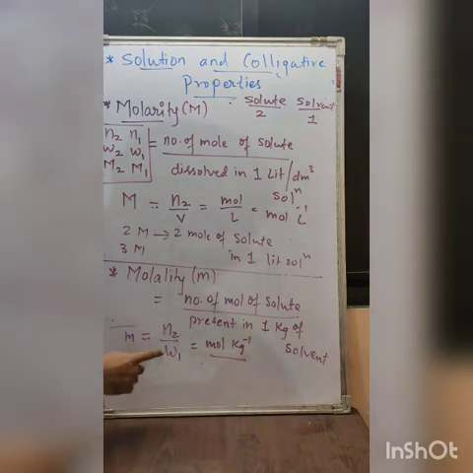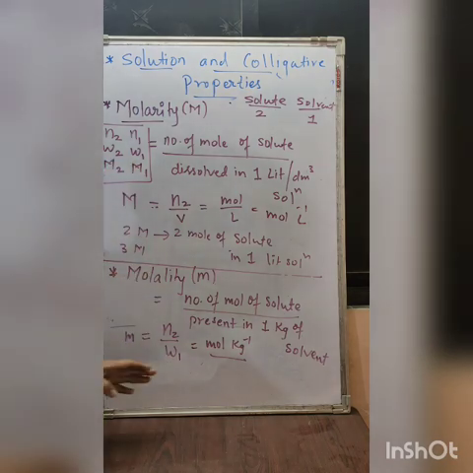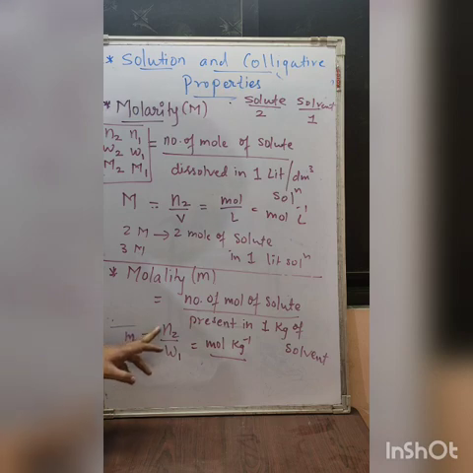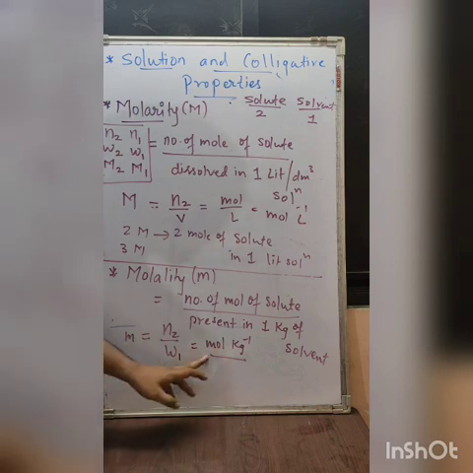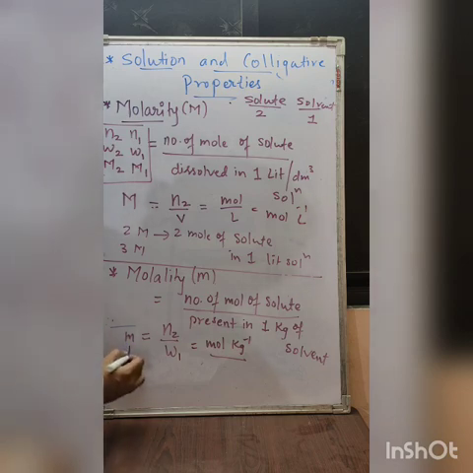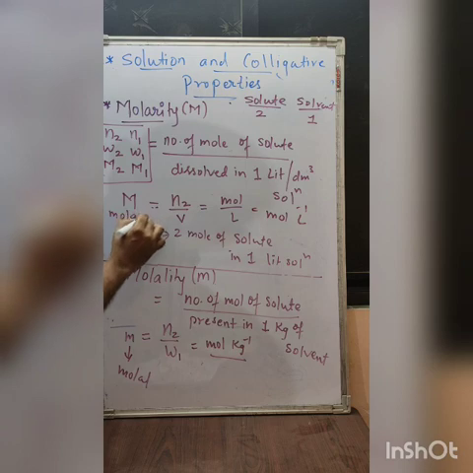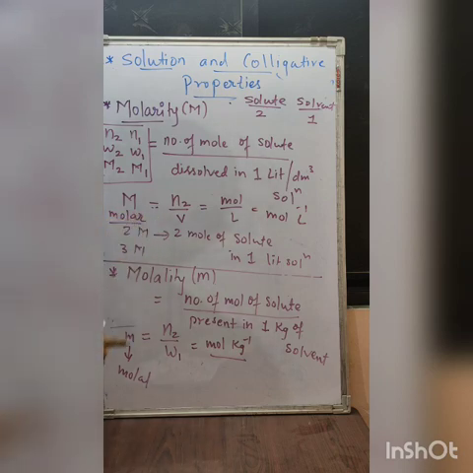Mass of solvent, that is W1. So if I write the units, number of moles per kilogram, molality has units mole per kilogram. This is also called molal, and capital M is called molar. Molal solution. Understood?